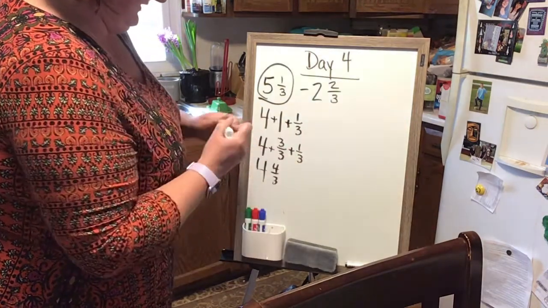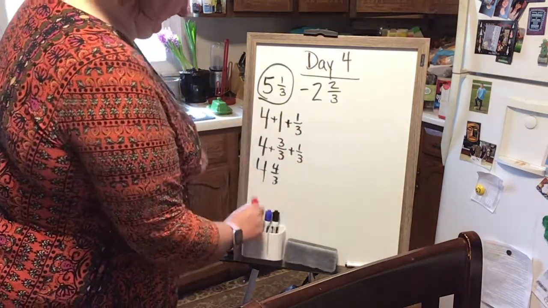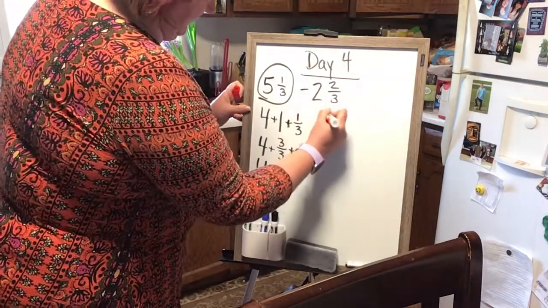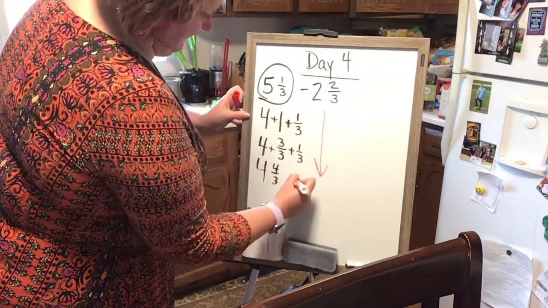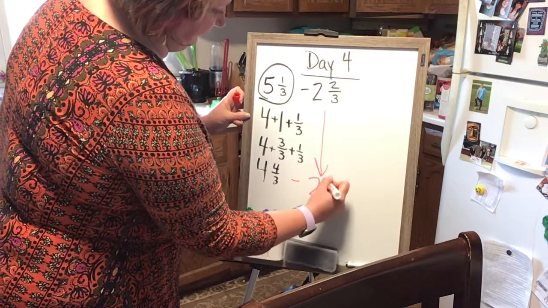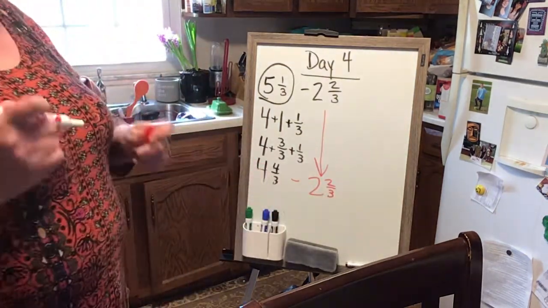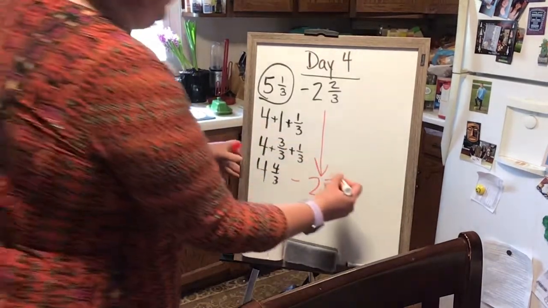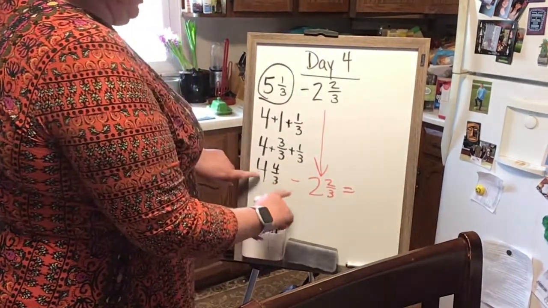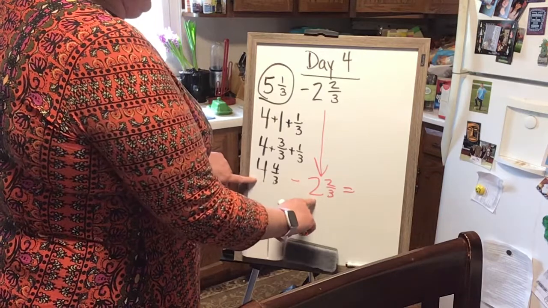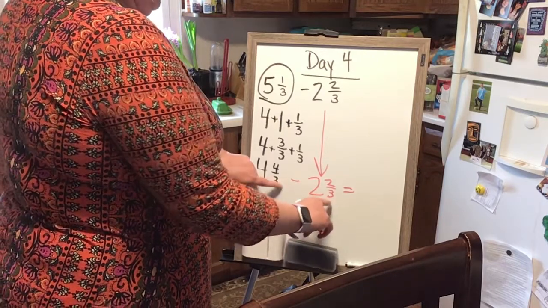So let me just get a different color marker just to maybe be less confusing. And I'm going to bring this down. And we're going to say minus 2 2/3. You know what to do at this point because all you have to do is subtract your whole numbers and subtract your fractions.